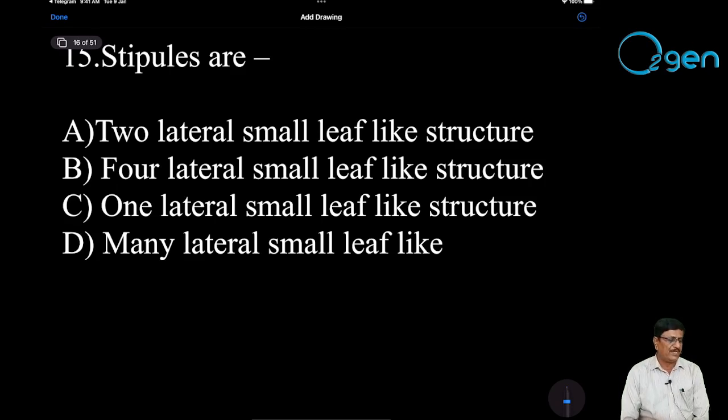So the options: A, two lateral small leaf-like structures. B, four lateral small leaf-like structures. C, one lateral small leaf-like structure. D, many lateral small leaf-like structures. So here option A is correct. Two lateral small leaf-like structures.